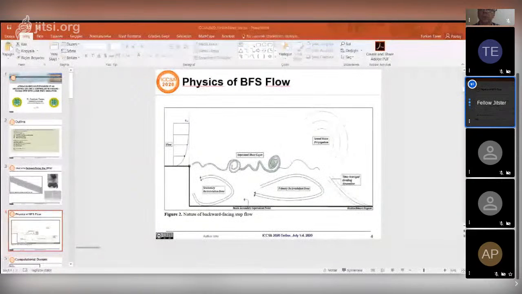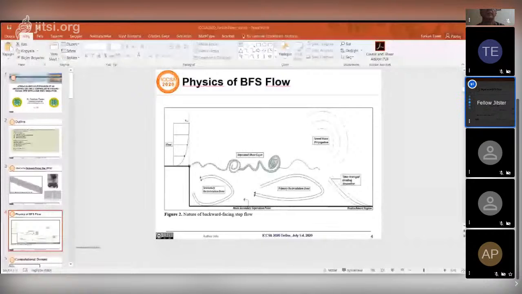This is my computational domain. I'm going to talk a little bit about that. We have a step here, and the step height is equal to 0.025 meter, the length of the upstream is equal to 16h, the length of the downstream is equal to 56h, and we have a rectangular cross section. The rectangular cross section width is equal to 4h, and the height is equal to 10h, and we are giving velocity from this inlet.